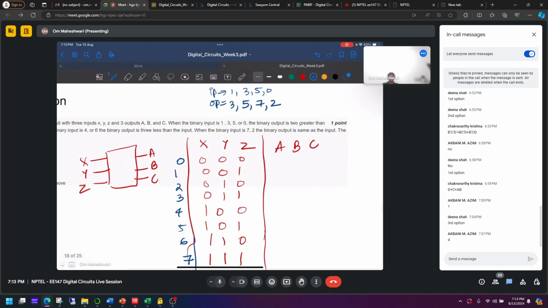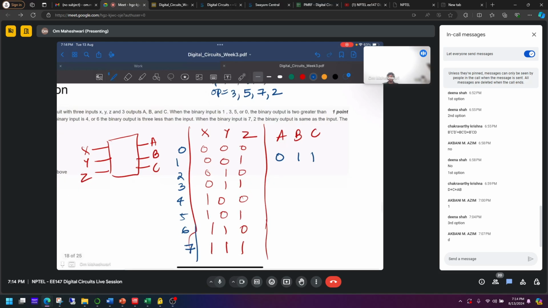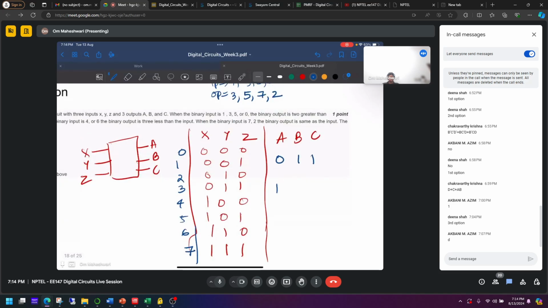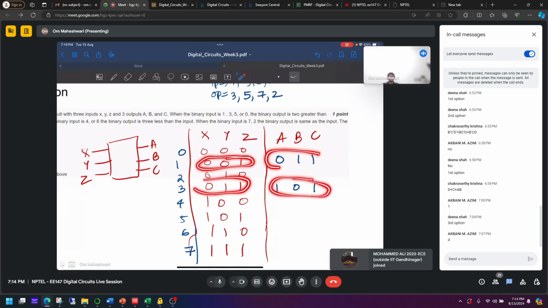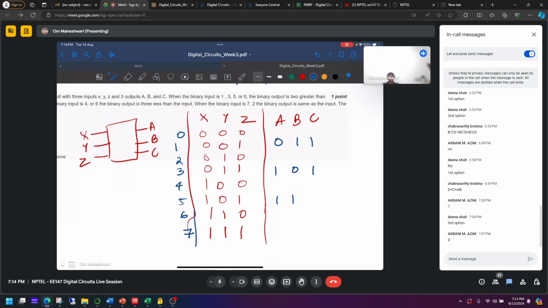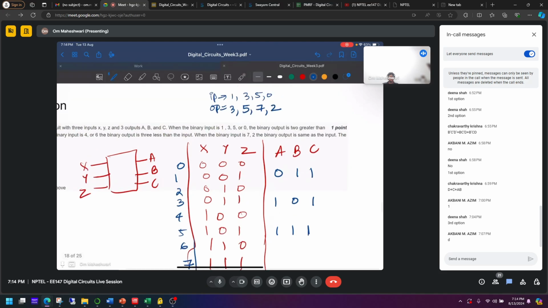For input 1, your output is 3, which is 011. Input 3, output is 5, which is 101. Input 5, output is 7. Input 0, output is 2.